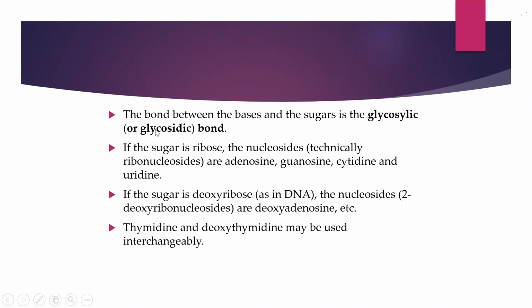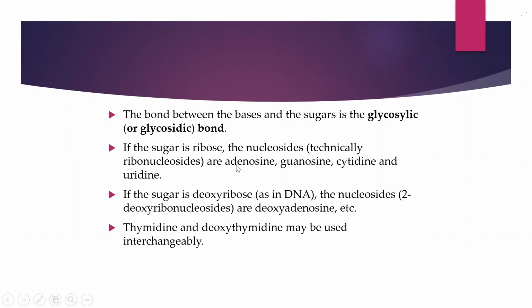So as we discussed, the bond between the bases and the sugars is the glycosylic or glycosidic bond, which is a covalent bond. If the sugar is ribose, as in case of RNA, these nucleosides are technically called ribonucleosides. So we have 4 different ribonucleosides.